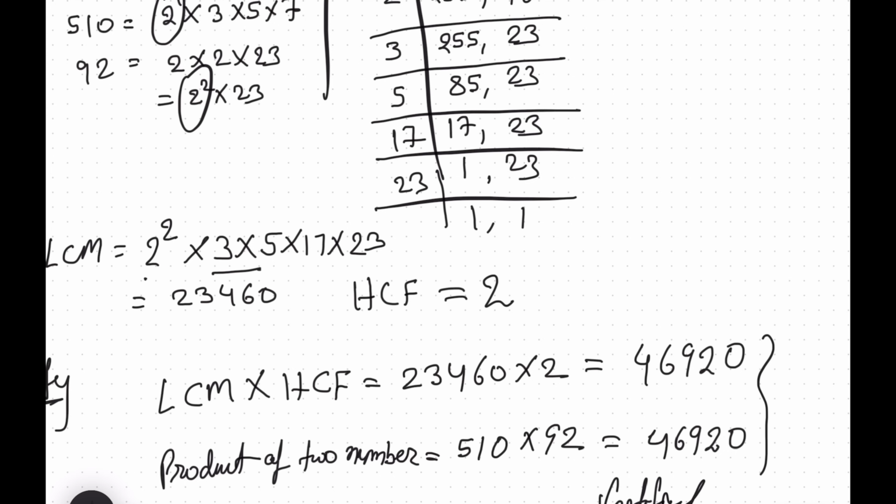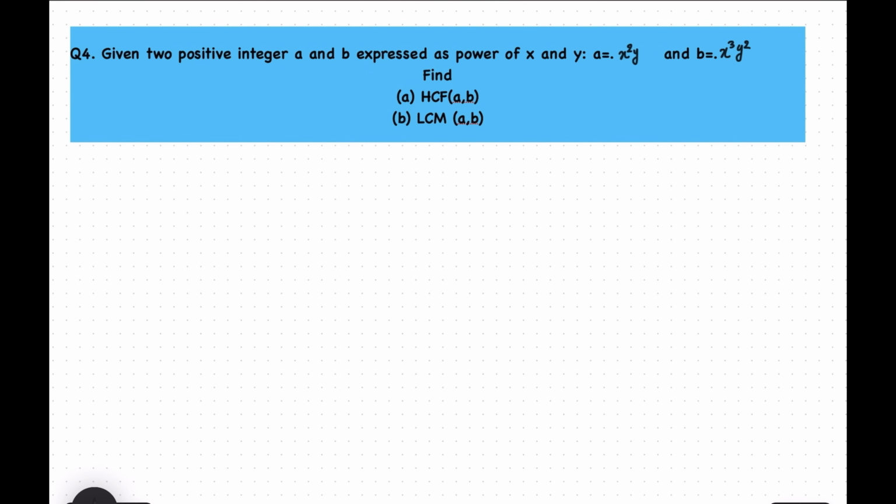Okay, this is our fourth question. In this question we have to find the HCF and LCM, but these numbers, as you can see, are not the normal whole numbers, they are in terms of variables. So how to do this? Let's see. A is given as x square y, and B is given as x cube y square.